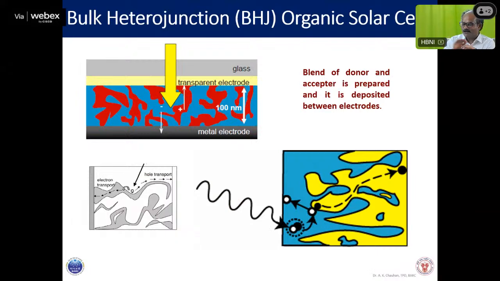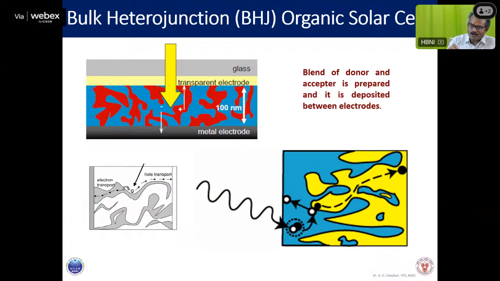Now if they are having very good mixing, every donor will have a nearby acceptor. So that problem of distance is removed. But another problem was created now. Let us discuss that problem first.